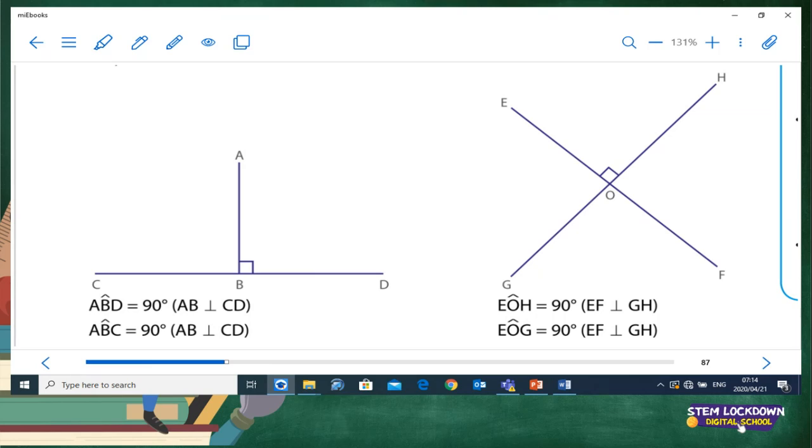In the same note, we will be able to see here that angle EOG, this angle which is just now adjacent to angle EOH, is also 90 degrees.